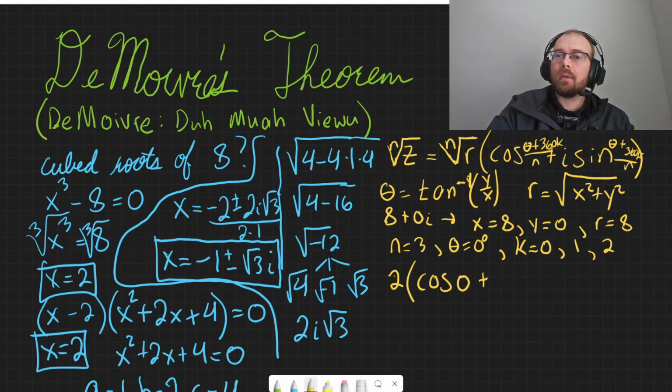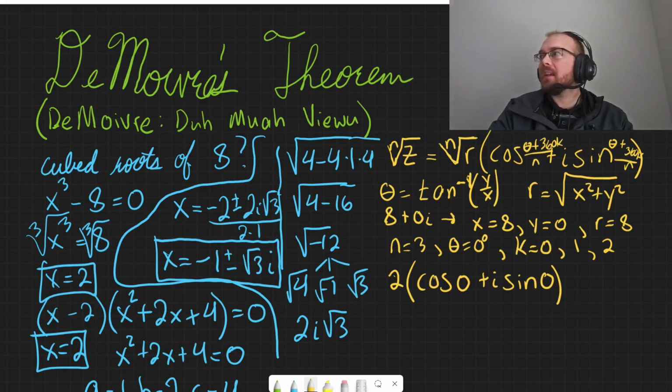Cosine 0 plus i sine of 0. Notice that the value I put for the cosine and the sine is the same thing. It's theta plus 360k over n for both. I don't need to approximate this, it's going to be an exact number. The sine of 0 is 0, so that all cancels. Cosine of 0 is 1, times 2 is 2. So this is just 2.